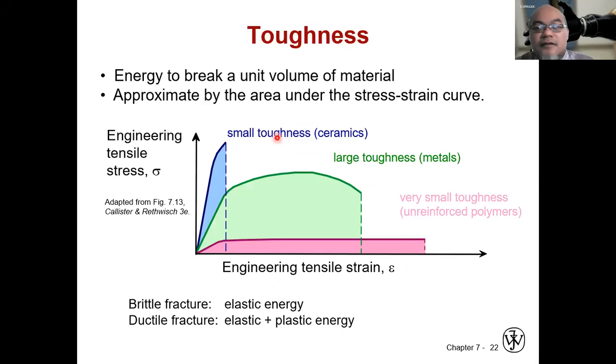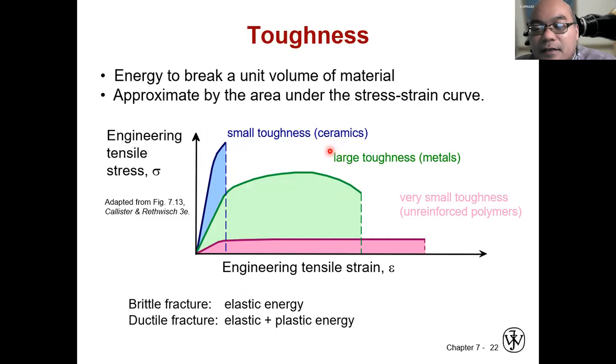Then we know toughness. Toughness is another mechanical property, defined as the energy to break a unit volume of material. It can be approximated by the area under the stress-strain curve.